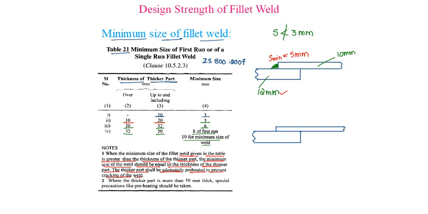That is, if this is of 5 mm thick and this plate is of 22 mm thick, the thicker plate is 22 mm, which is between 20 and 32 mm. S minimum from table should be 6 mm, but code specifies minimum should be, since the thinner plate is less than the size of the weld, so S minimum should be 5 mm only.